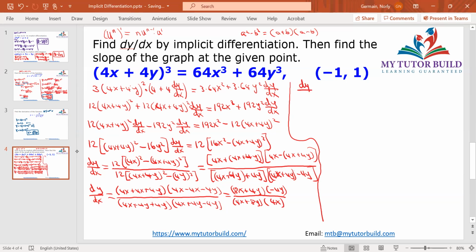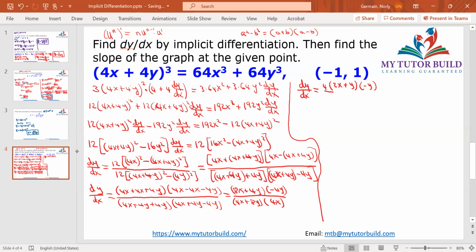So dy dx would give us, now let's simplify. We can factor 4. If you factor 4, you have 2x plus y left, times negative y.